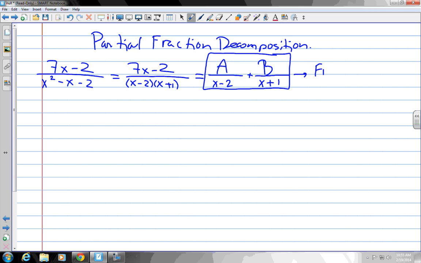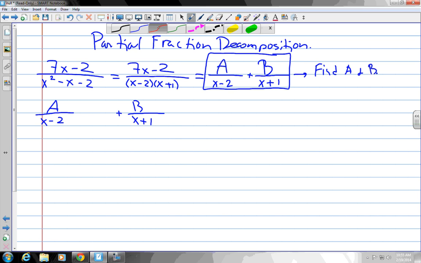So we need to find A and B. The way we do this, we actually have to figure out how to add those two fractions. So if I add A over x minus 2 plus B over x plus 1, I'll have to multiply the first one by x plus 1 over x plus 1 to get them to the same denominator, and the second one by x minus 2 over x minus 2, just by the way algebra works.